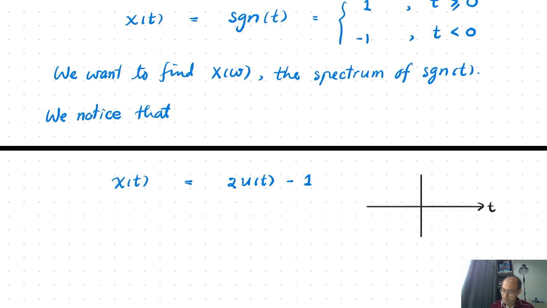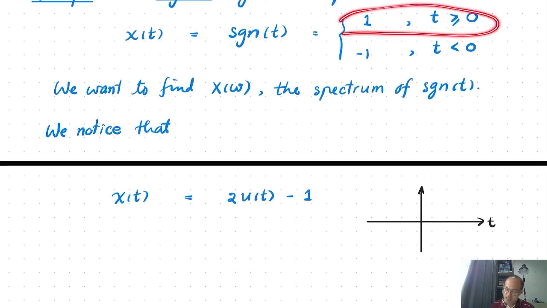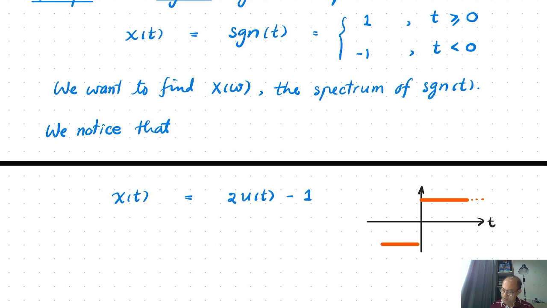If you plot it, you see that it is 1 when time is greater than 0, so it is 1 here, and it is -1 when time is less than 0. So the graph of the signum signal looks like this. It goes from -1 to 1, depending on the time.